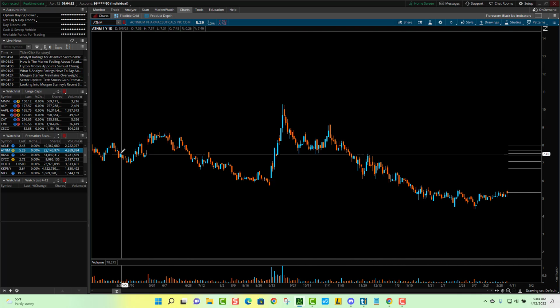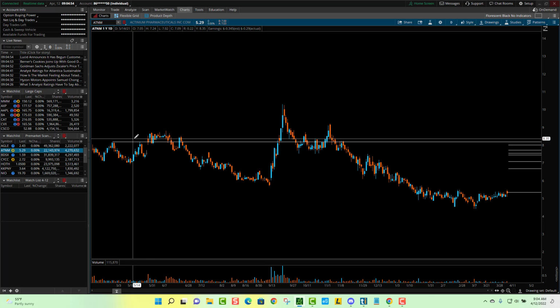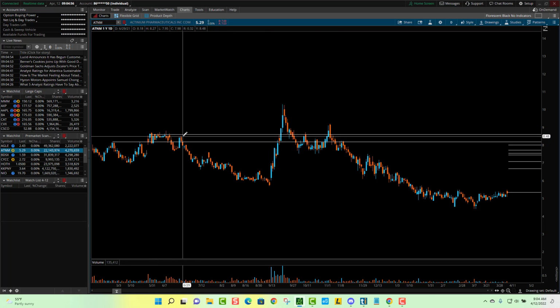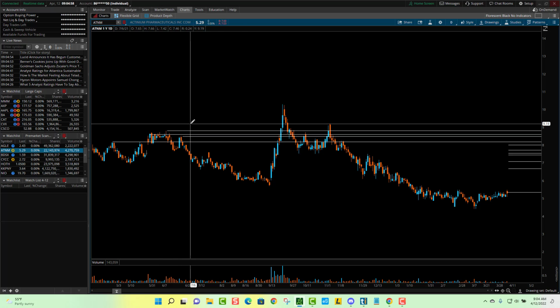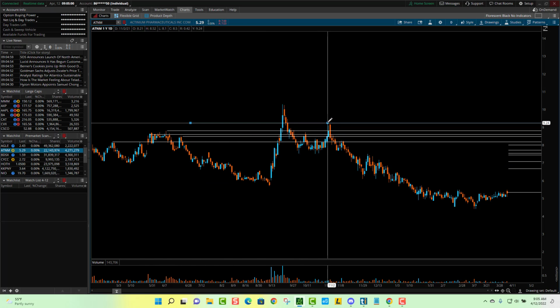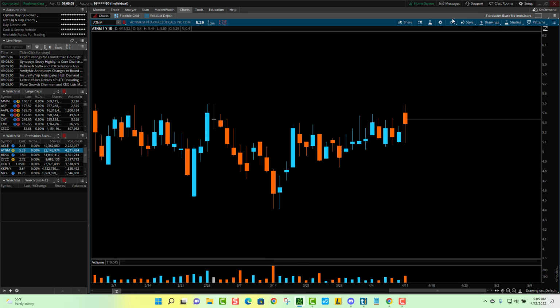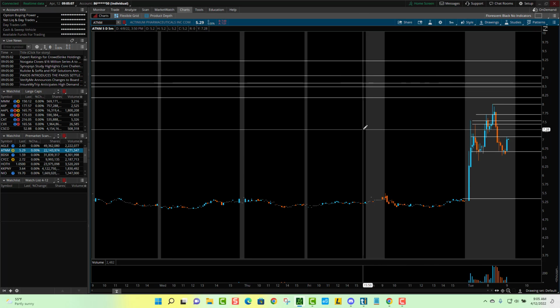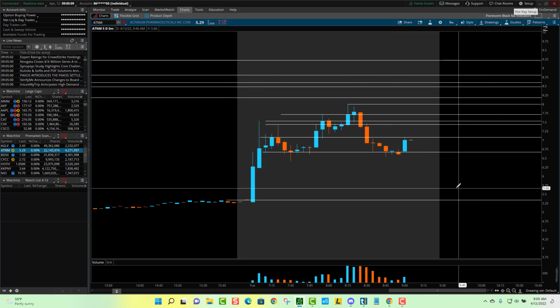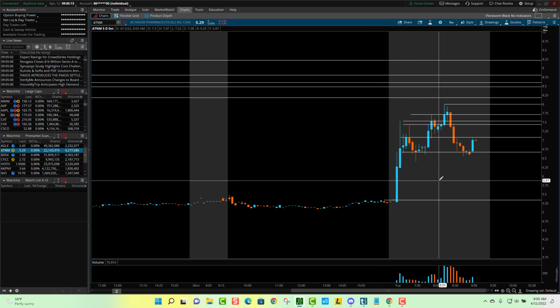So I'd look at these areas back over in here and map out previous resistance levels. I'm not going to map out all of these for you, but when I go over there, I can see this stock still has room to run. At the moment it's got a head and shoulders pattern, but lots of volume.